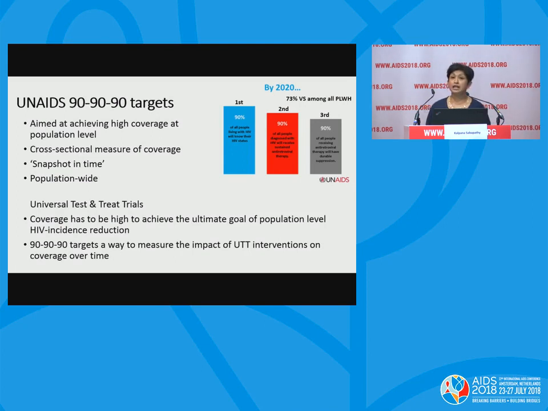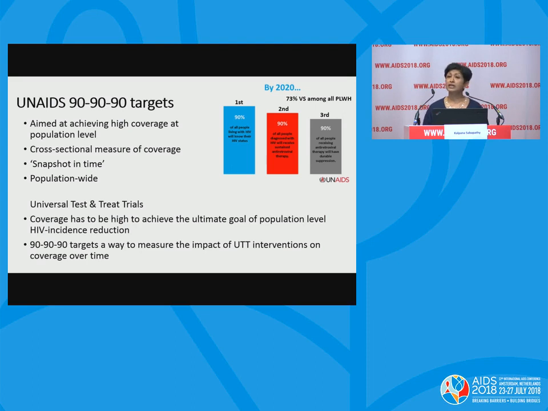The 90-90-90 targets are presented above to remind us of the definitions for each 90 target, and the product of the three targets, 90-90-90, equates to 73% viral suppression amongst all people living with HIV, as shown. Since their release, the targets have been helpful drivers to achieve high coverage, and they are intended to be cross-sectional measures of coverage, ideally in a snapshot or in a short period of time, and to be population-wide.